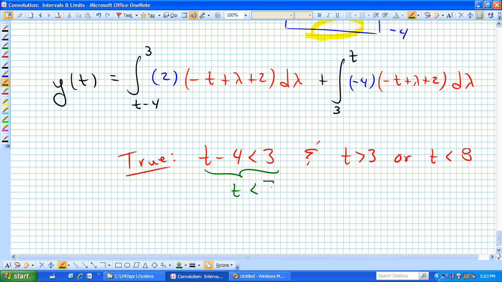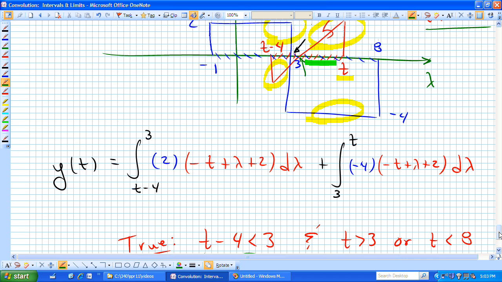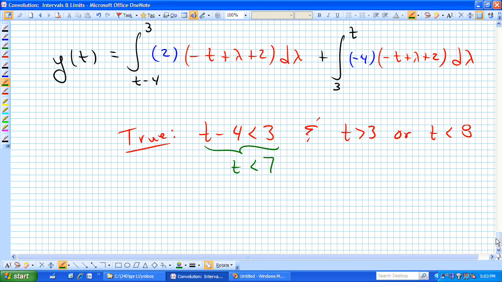Now t minus 4 needs to be less than 3, which says that t is going to be less than 7. We also need to know, or can see, hopefully, that t minus 4 is bigger than 0.